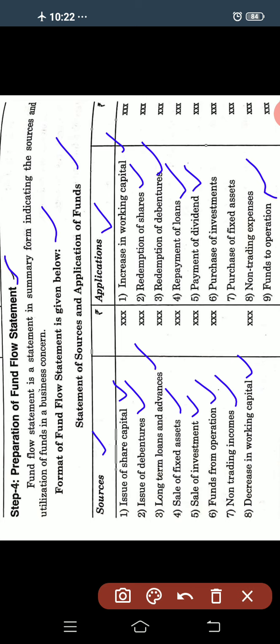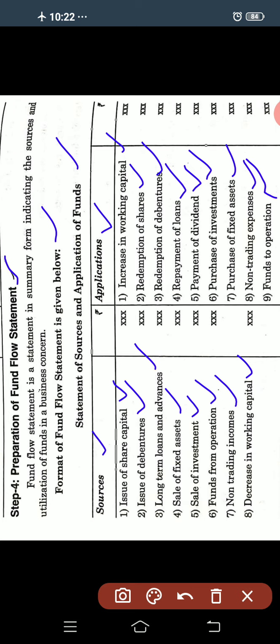Then purchase of investment. If the company is purchasing any investment or investing in any other concern, it has to pay money, so it is an outflow of fund. Then purchase of fixed assets. If the company purchases any fixed asset, it has to pay cash, so it is an outflow of fund, that is, an application of fund. Then non-trading expenses.